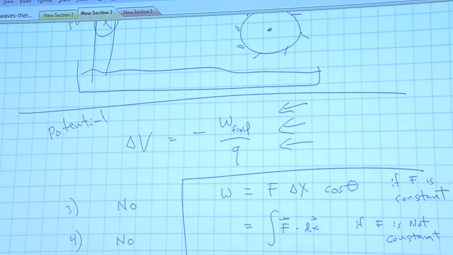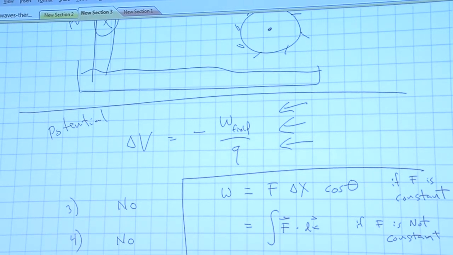So which one is the field? We're moving the same charge, let's say, between capital A and capital B that we move between lowercase a and lowercase b. The same Q is being moved. Which field is going to do more work? The one where the force is bigger.